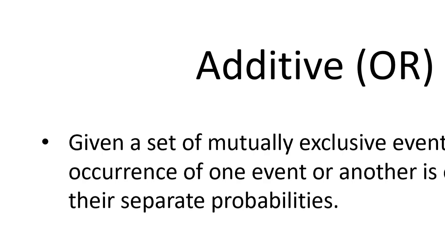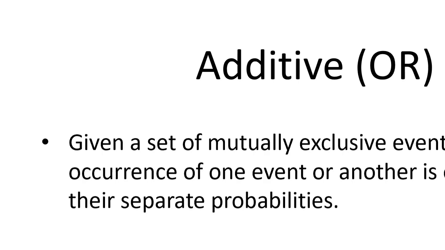Moving on to the additive rule of probability, or sometimes called the OR rule of probability, which states that given a set of mutually exclusive events, the probability of the occurrence of one event or another is equal to the sum of their separate probabilities.